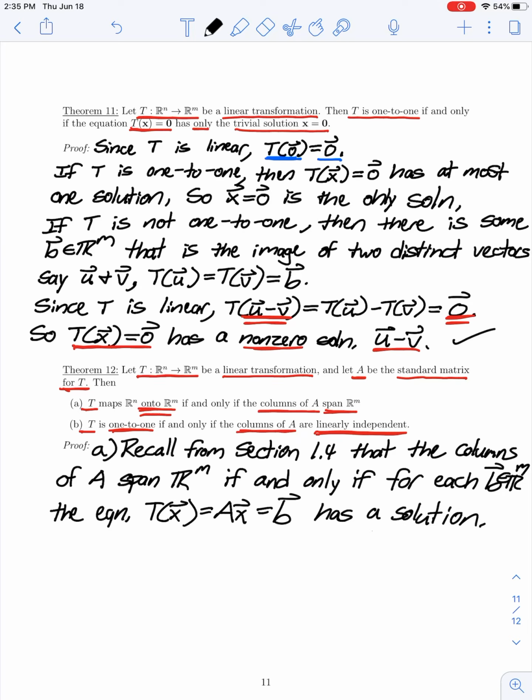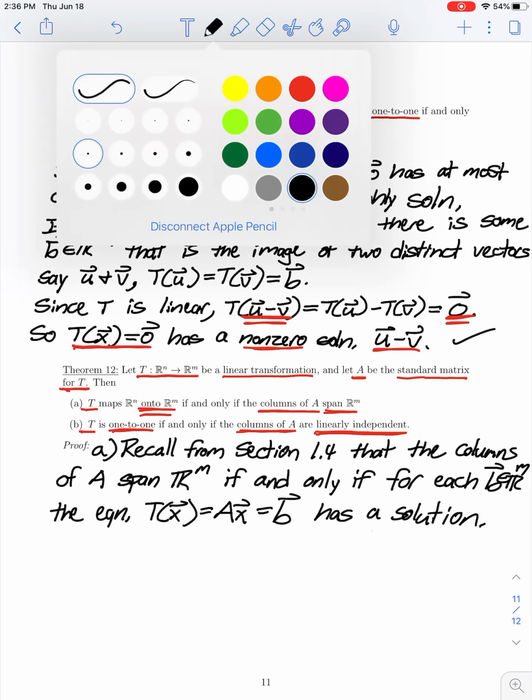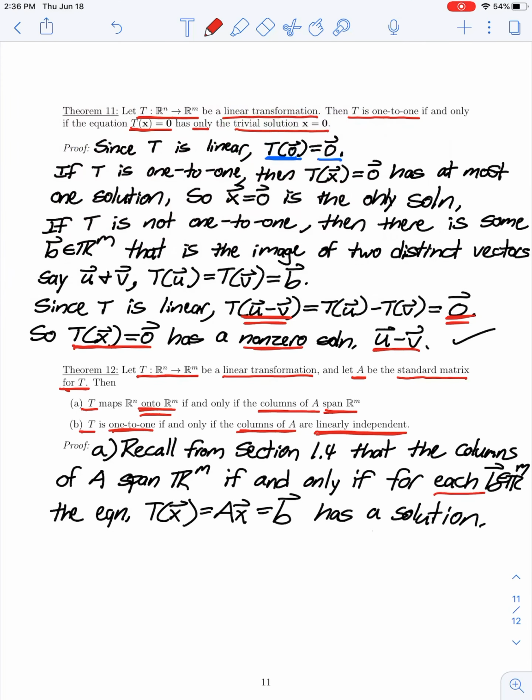So that's exactly what it means for the columns of A to span all of Rm: for every vector in Rm, the equation A times x equals B has a solution. But this is exactly the definition of an onto mapping. Let's recall that this says, for each B in the codomain, B is the image of some vector x. That is, that equation is consistent. It has a solution.